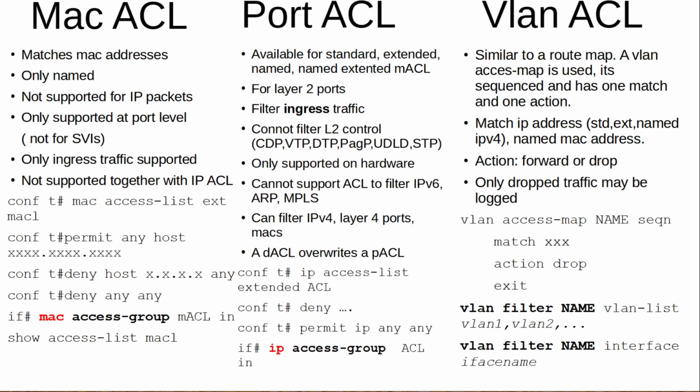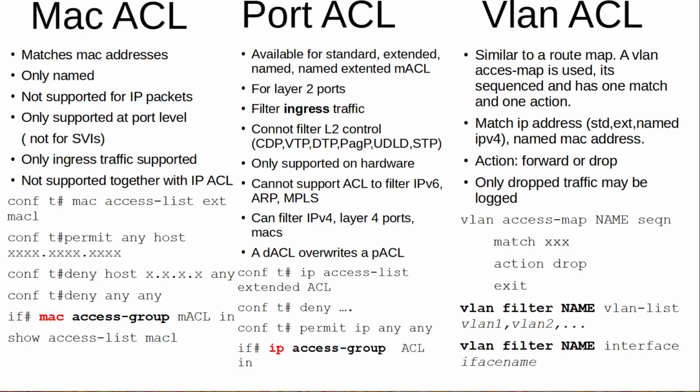Now the port access control list is available in a standard, extended, and named form, and it can use an extended named MAC address control list within. It is used for layer 2 ports, only for ingress traffic. It cannot filter control frames. It is hardware based.